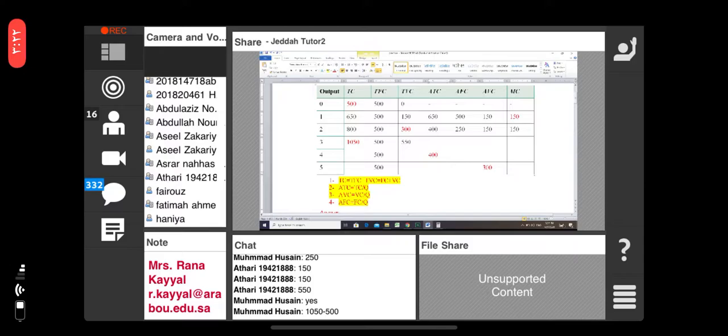Okay, how much is the average total cost? Okay, average fixed cost.